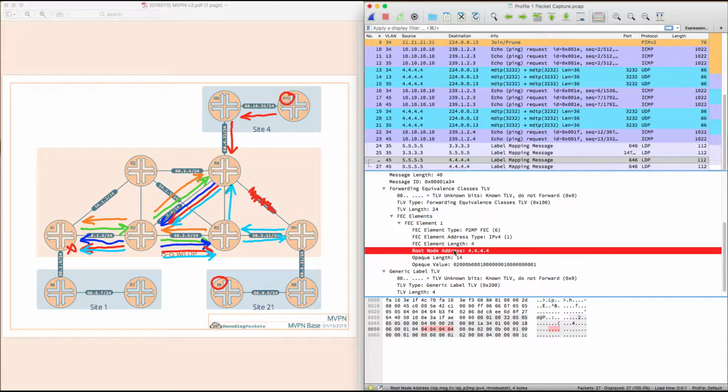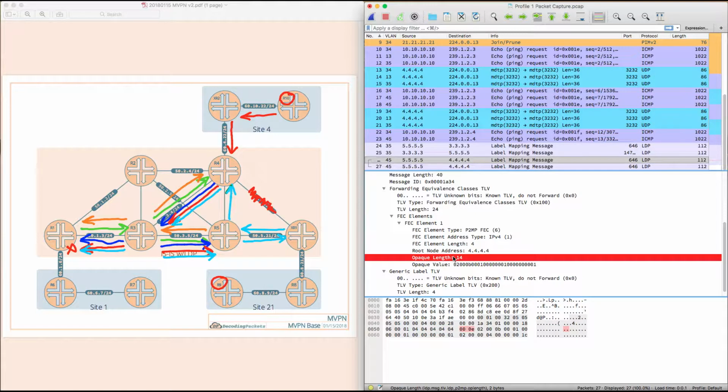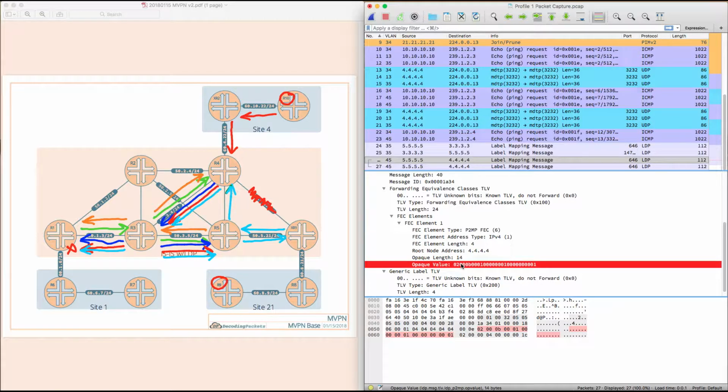Then you have the opaque length, which is a TLV, so essentially it decides how long this value is going to be. And this value itself can be broken down into basically the MDT value.